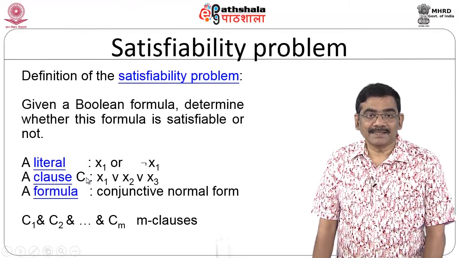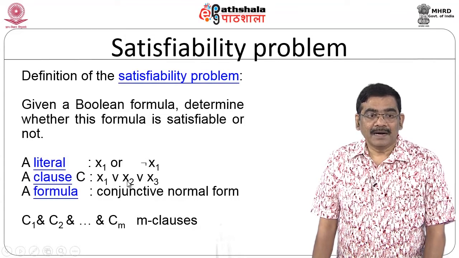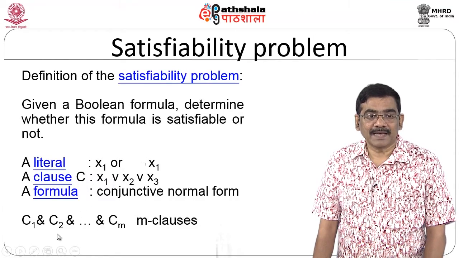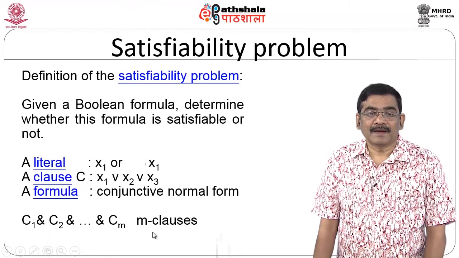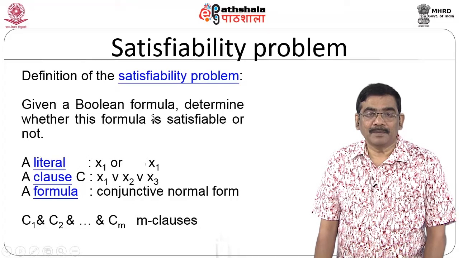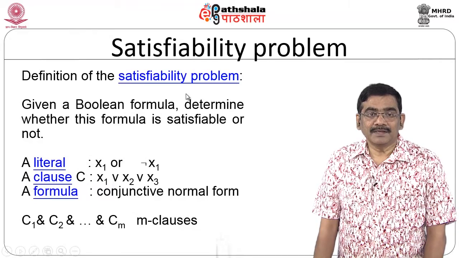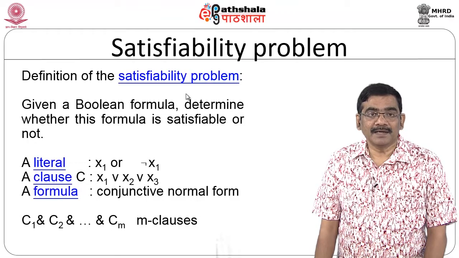In other words, a clause is a set of literals connected by OR, and a formula is a set of clauses connected by AND. So you have m clauses. For the proof, we are taking the satisfiability problem, which is already proven to be NP complete as per the Cook-Levin theorem, and by reducing this to clique we are going to argue that the clique problem is indeed NP complete.